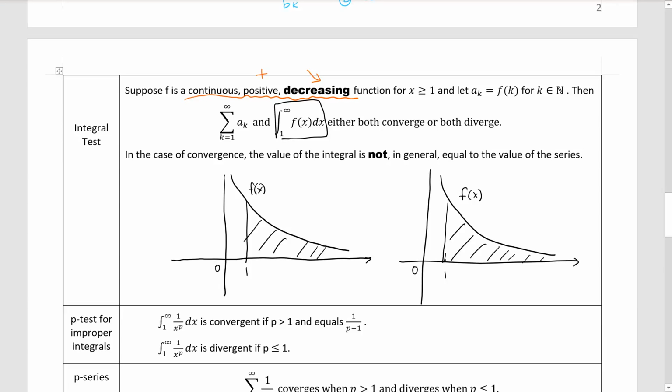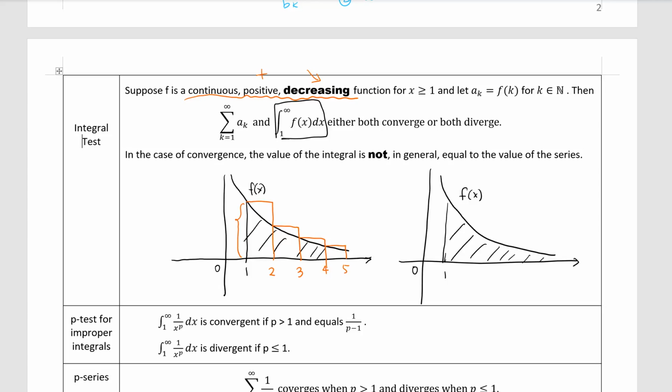Now next, I'm going to draw some pictures. So first of all, let's look at this one. Let's say this is 2, this is 3, this is 4, this is 5, etc. Let's figure out what this is. What is this height? Well, this is like plugging 1 into f.